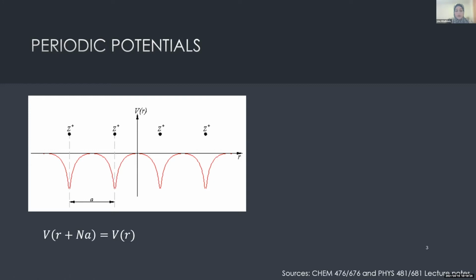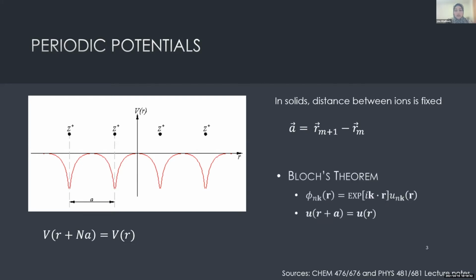So we call it periodic potential, and we know the distance between this regular structure of ions in the crystal is fixed. Depending on that, we apply the periodic potential that we suppose for this model in the Schrödinger equation.